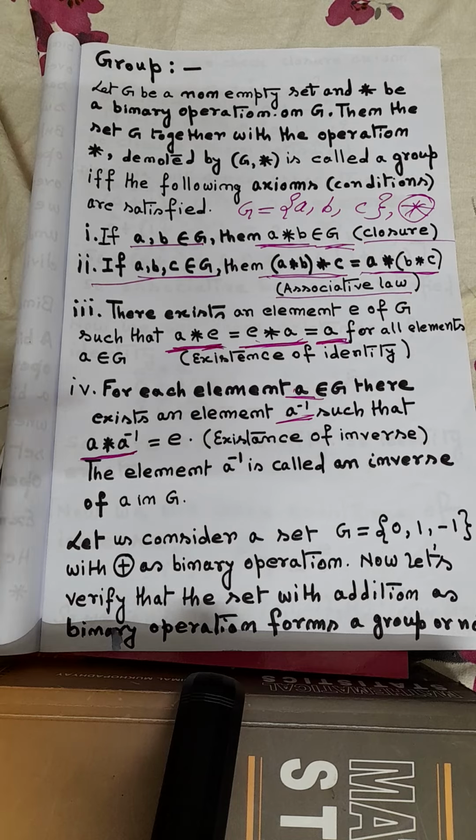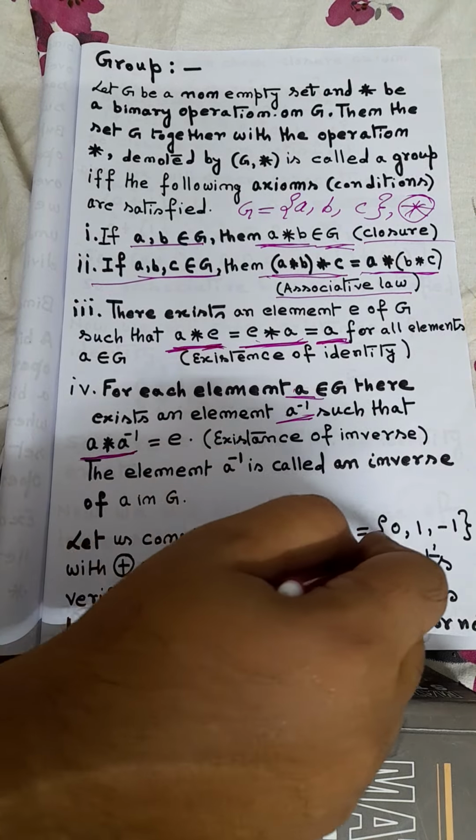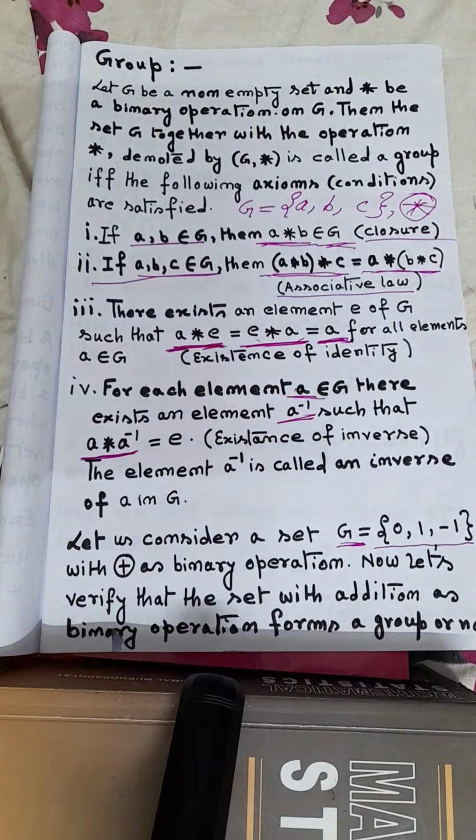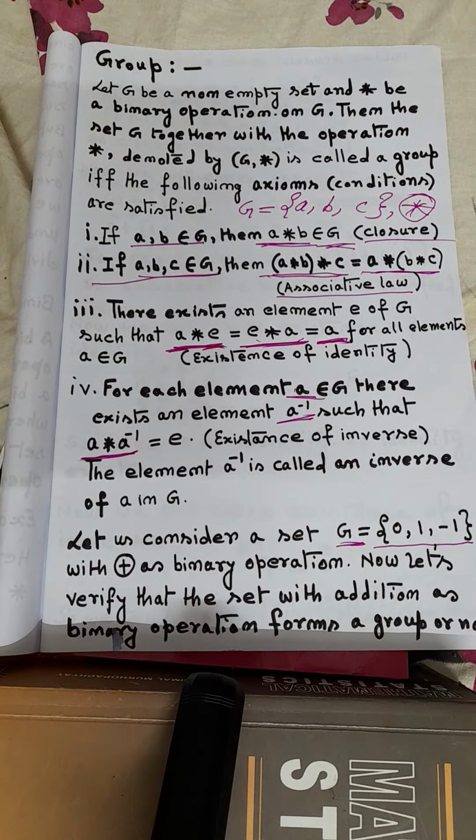Let us consider a set G having elements 0, 1 and -1, and let us consider addition as binary operation, and let's check whether the set G with numbers 0, 1 and -1 with addition as binary operation forms a group or not.